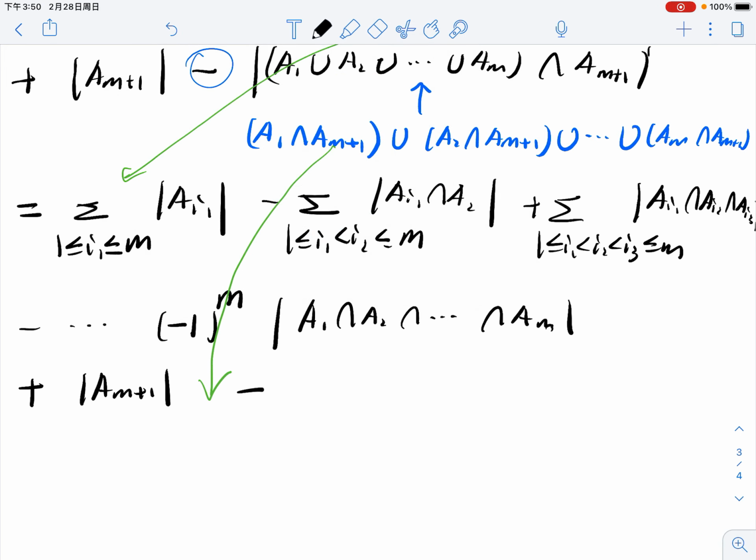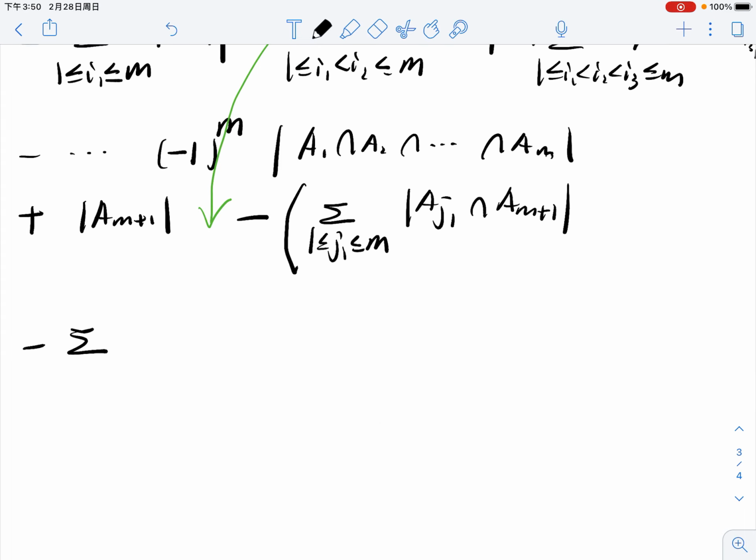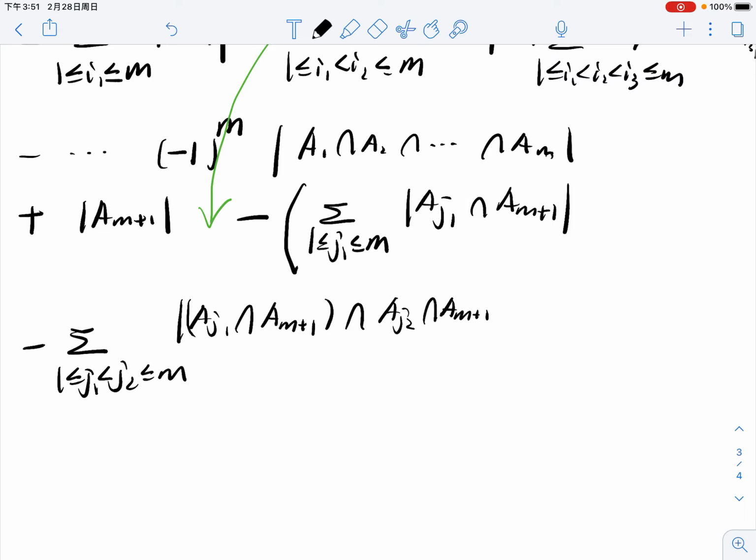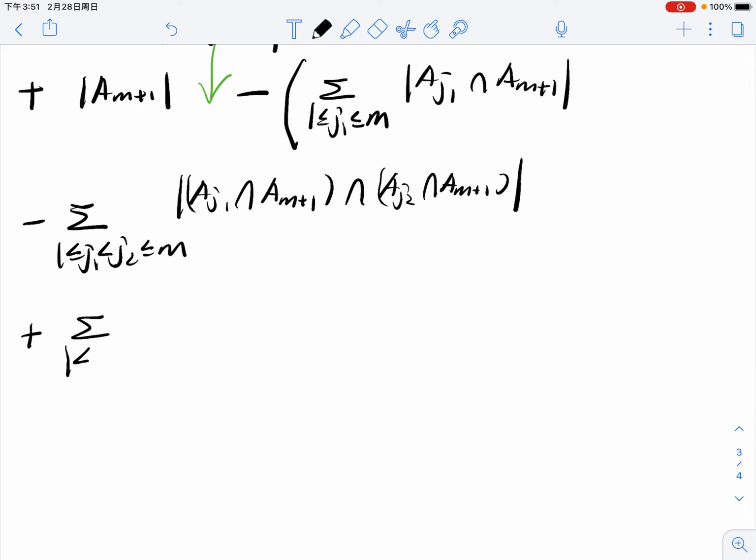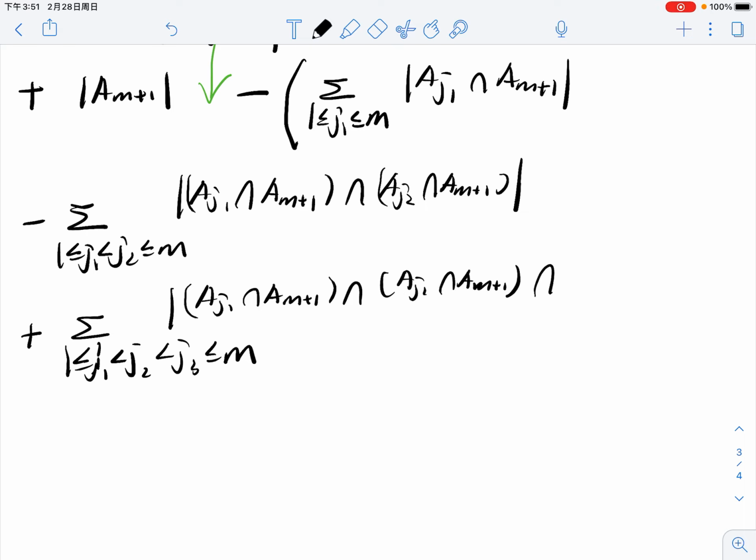And inside, you will have the summation over 1 less than or equal to J1 less than or equal to M of AJ1 intersection AM plus 1, and then minus the summation over 1 less than J1 less than J2 less than or equal to M of AJ1 intersection AM plus 1, intersection AJ2 intersection AM plus 1, and then plus the summation over 1 less than J1 less than J2 less than J3 less than or equal to M of the absolute value of AJ1 intersection AM plus 1, intersection AJ2 intersection AM plus 1, intersection AJ3 intersection AM plus 1.